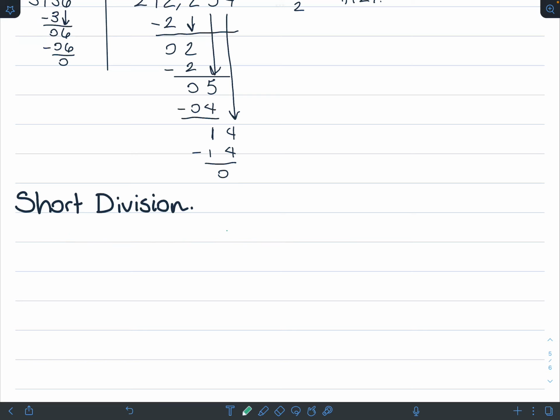Short division entails that you are multiplying and subtracting in your head.